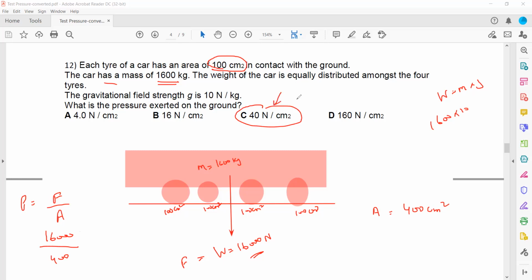So C will be the right answer. Is it clear? Why did we not substitute the mass? Because mass is not the force, the weight is the force which is acting downward. And we have to take the total area, total force divided by total area. So we can calculate the pressure exerted by this car on the surface.